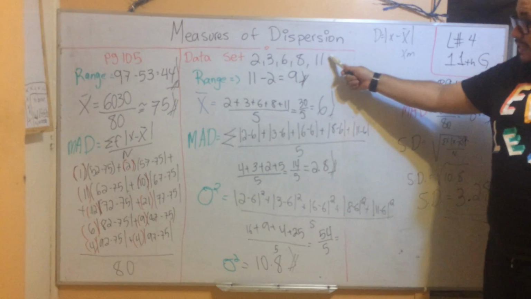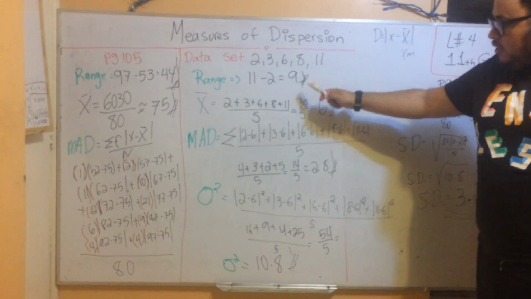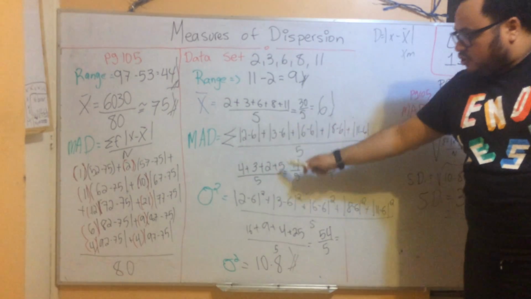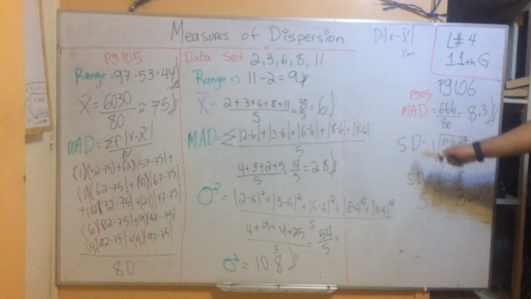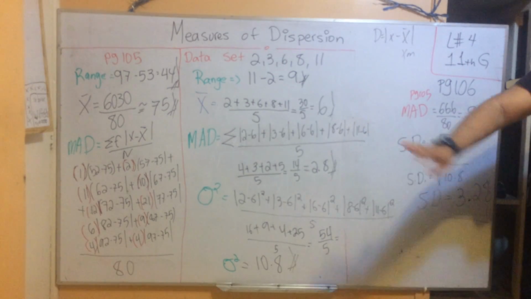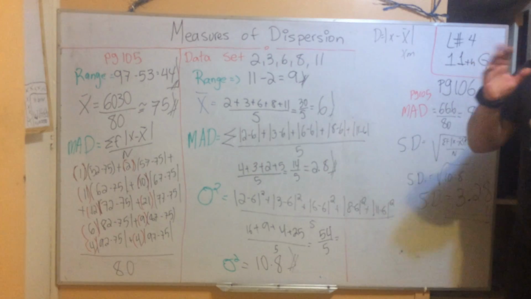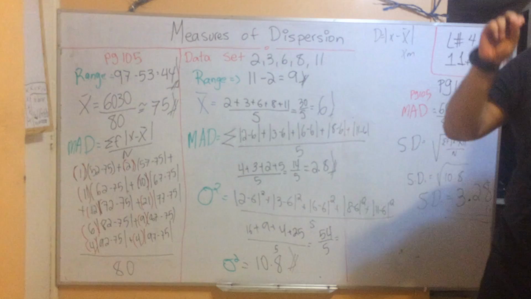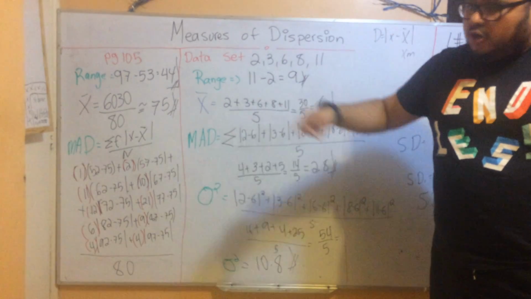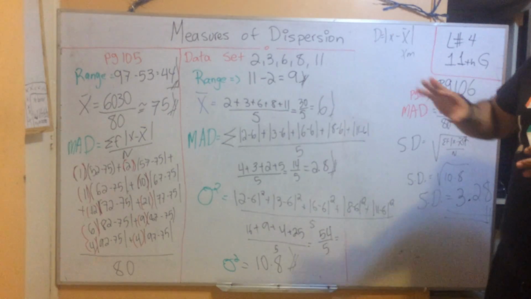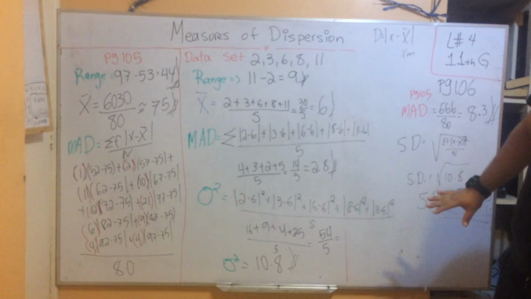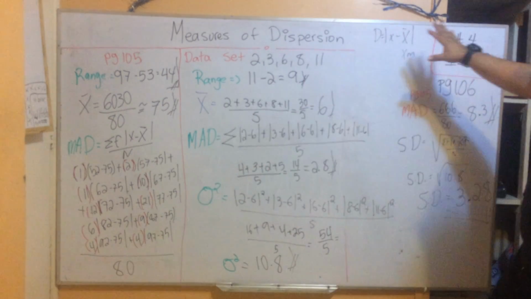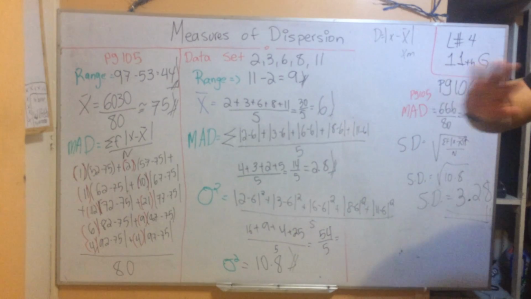I'm going to give you a data set. You're going to give me the range, the mean absolute deviation, the variance, and the standard deviation. I want you to know how to get it from the frequency table from page 105. I'm going to do it separately so that I can use the whole board. I'm going to repeat the exercise for page 105, so don't worry.